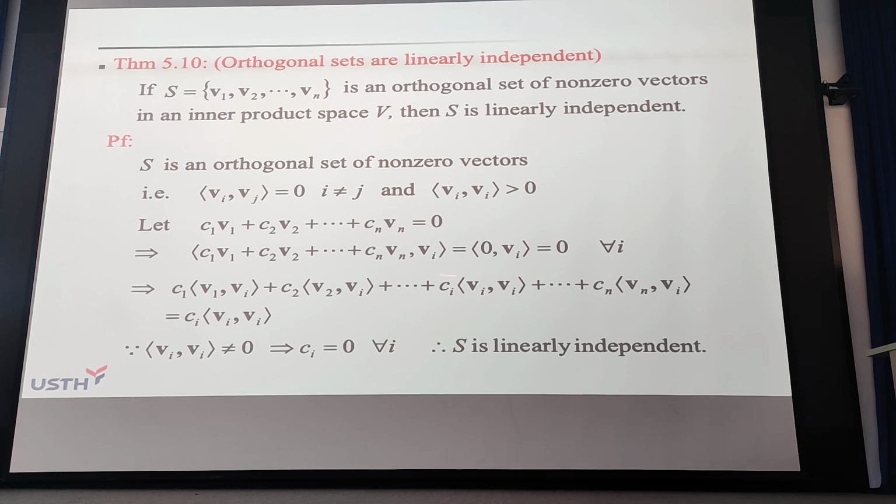Because the inner product of Vi and Vj equals 0 for i different from j, only Ci multiplied by the inner product of Vi and Vi is left. But because that inner product is non-zero, it implies that the coefficient Ci must be 0. It means that S is linearly independent.